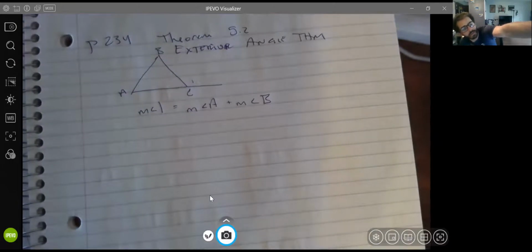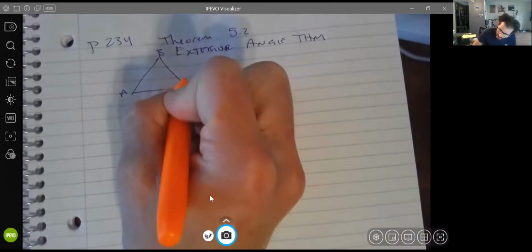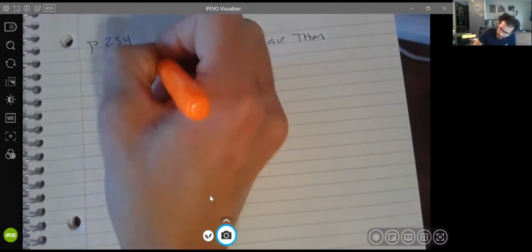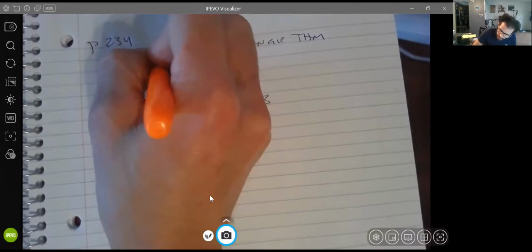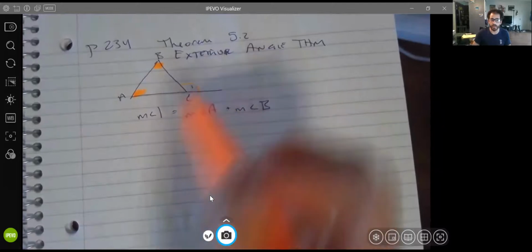I see a lot of markers, no highlighters. So, the measure of angle 1 is going to be equal to the measure of angle B plus the measure of angle A. Add these two together and you get that one.